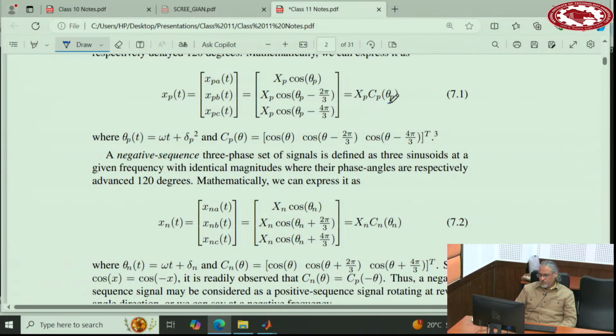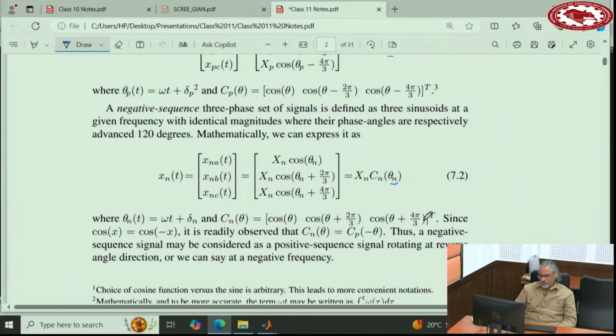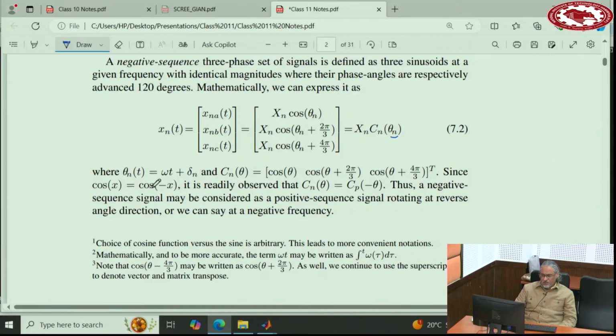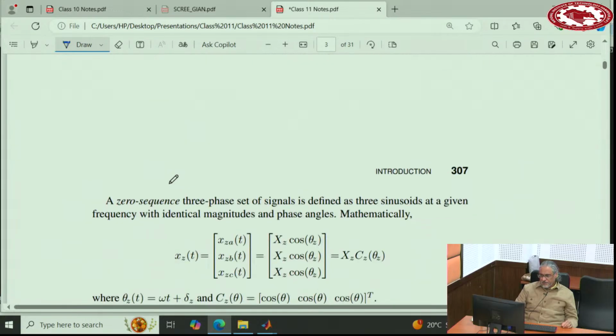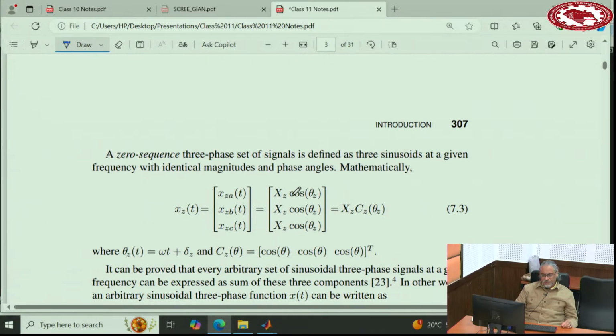Theta P is the positive sequence angle, theta N for negative sequence, and theta is omega t plus delta. This is the initial phase angle at time 0. And omega is the frequency. And zero sequence is this: same magnitude, same phase. All the angles are equal.